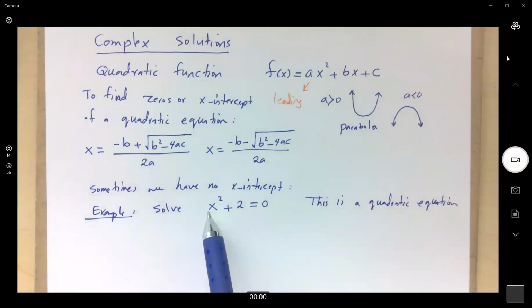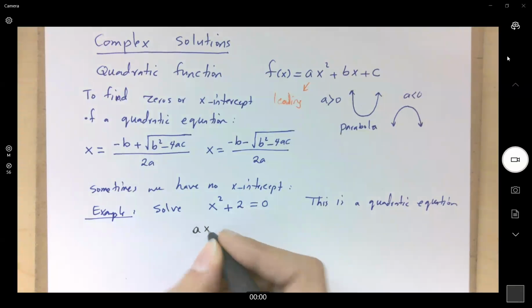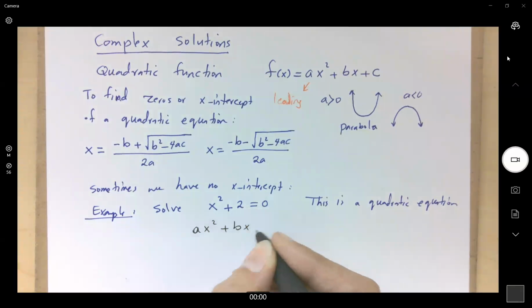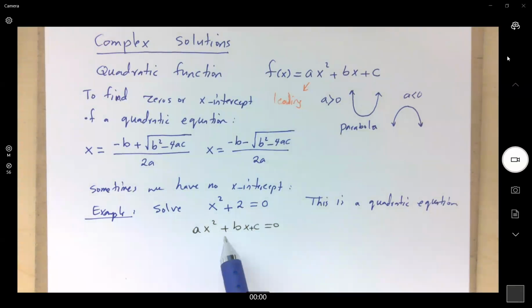I need to identify A, B, and C. So compare this with a quadratic equation, a x squared plus bx plus c equals 0. Your quadratic equation has 3 terms on the left-hand side. This one has only 2 terms on the left-hand side. Something is missing. You don't see any x. The linear term is missing.